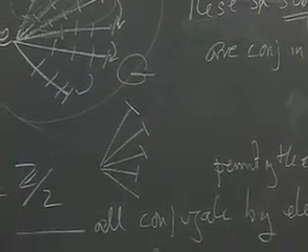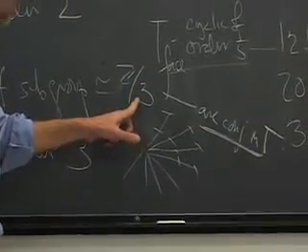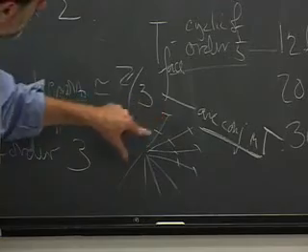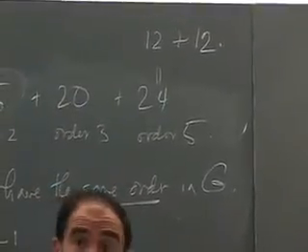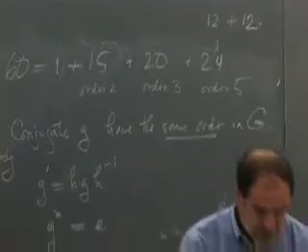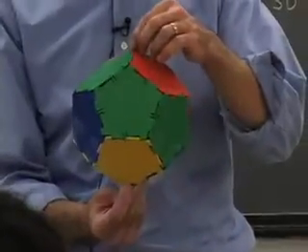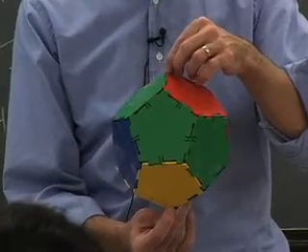Now it turns out that not only are these subgroups of order 3 conjugate, but you can take any element in this subgroup to any element in this subgroup, so that these 20 elements of order 3 are actually conjugate. And I have to prove that to you. And let's see if I can do that.